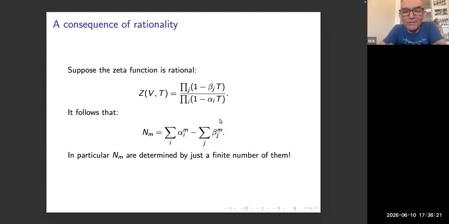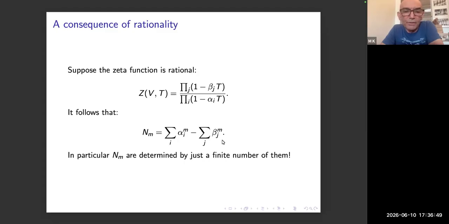So if you know just the first few, depending on the powers of these polynomials, then you know all of them. This is the pattern in these numbers: there are complex numbers alpha_i and beta_j such that N_m is necessarily of this form. So this is the first Weil conjecture.